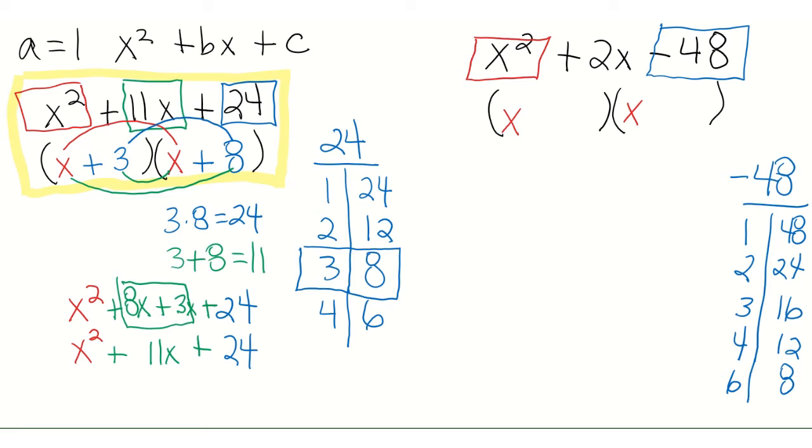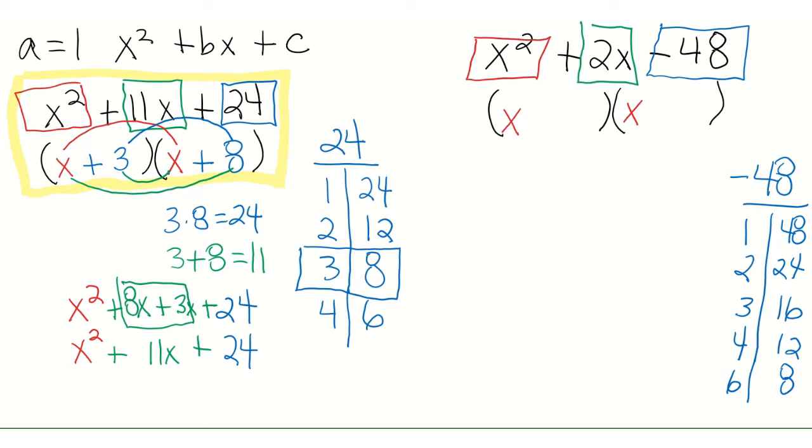Now I'm looking for two factors here that when I multiply them together, so I already know that when I multiply any of these pairs together, it's going to give me a 48. And I want to know out of which of these, when I add them together, are going to give me a 2.